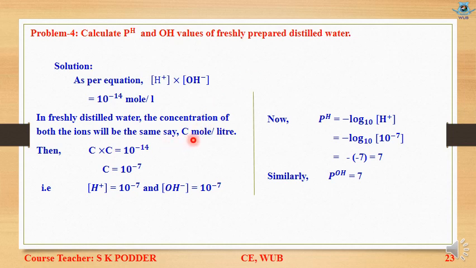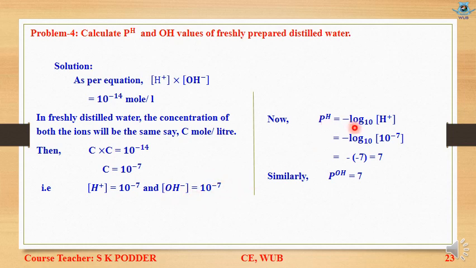Let's consider both ion concentrations to be C mole per liter. So C multiplied by C is equal to 10^-14, that is, C is equal to 10^-7. So the hydrogen ion concentration is 10^-7, and the hydroxide ion concentration is 10^-7.